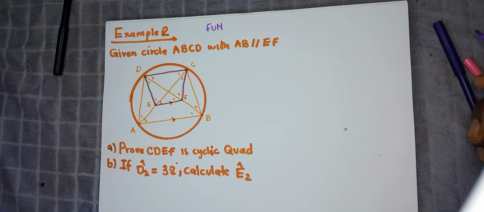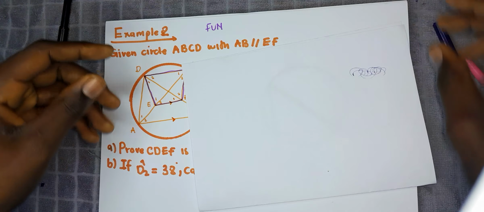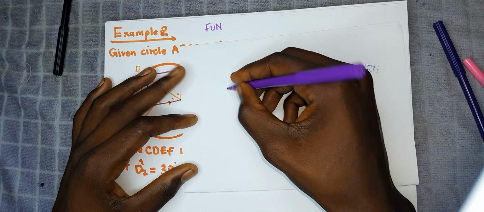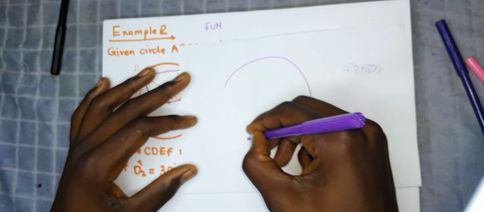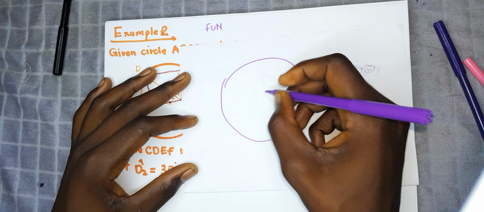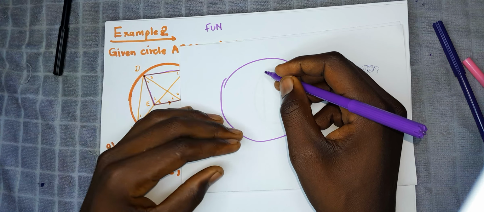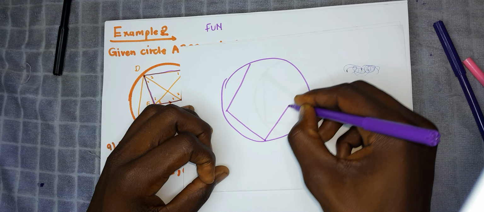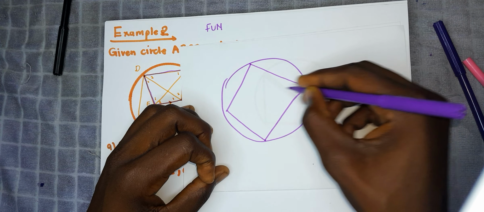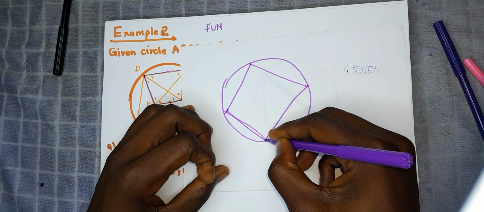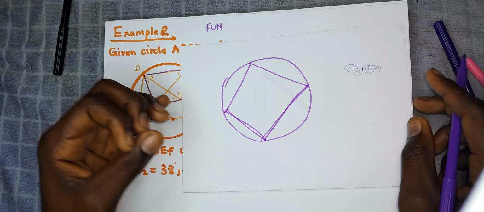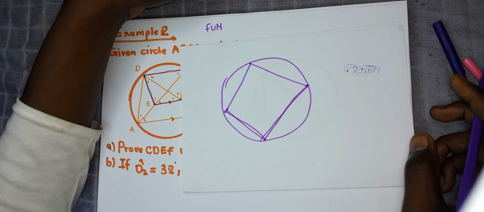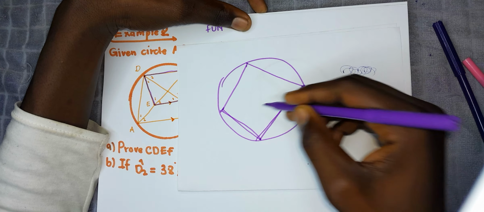I also want to show you something before I go further. A cyclic quadrilateral, what they actually call a cyclic quad, I'm going to come back to on our next theorem. A shape is a cyclic quadrilateral if those 4 points touch the circumference of the circle.